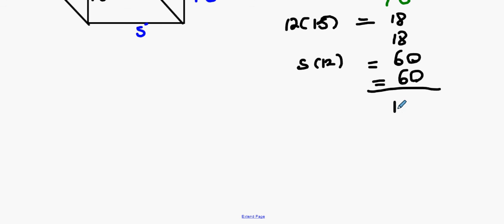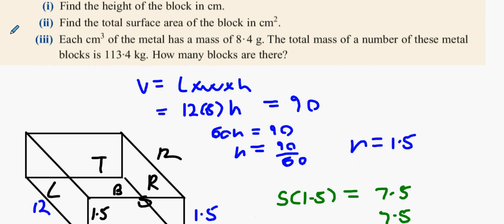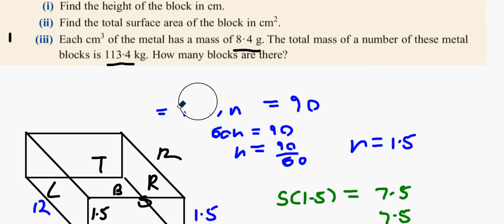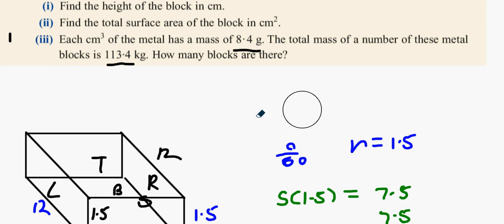It says in the description of the question, right? 90. So what's the mass of one block then? 90 multiplied by 8.4, which will get me 756 grams, yeah? We cool?